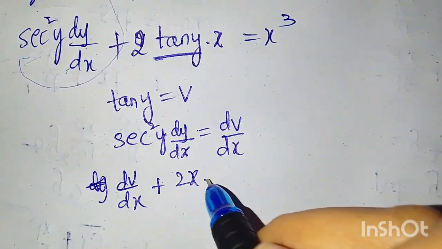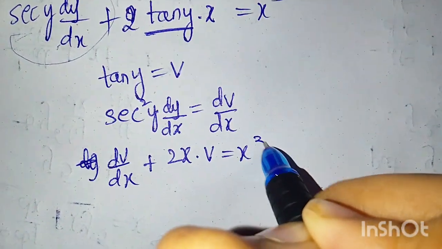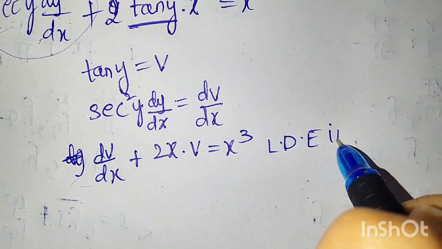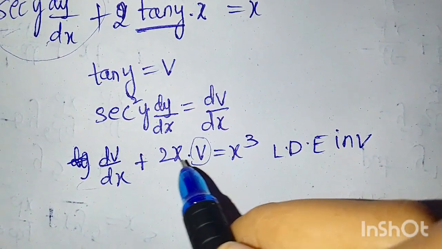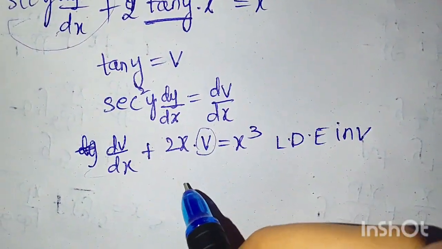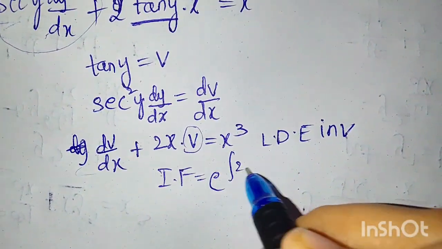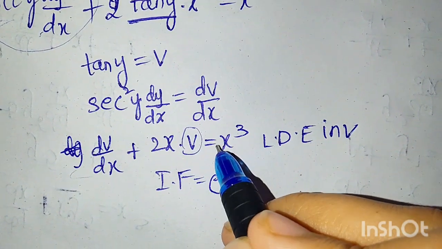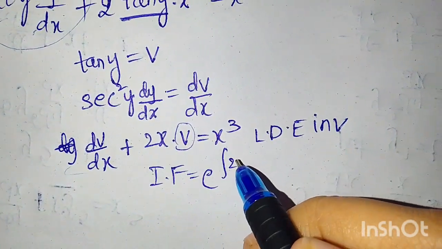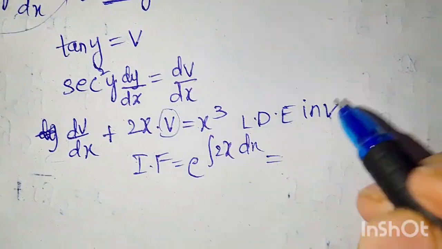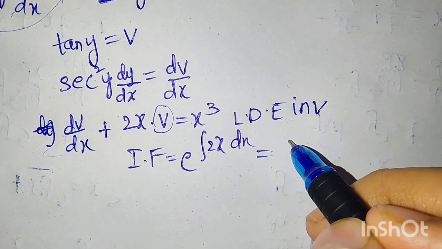So now this is a linear differential equation in v, because v came only one time, right? Therefore, what is the integration factor? e power integral p dx. So p is 2x, q is x cube. So integral of 2x dx is x square. So it will be e power x square.